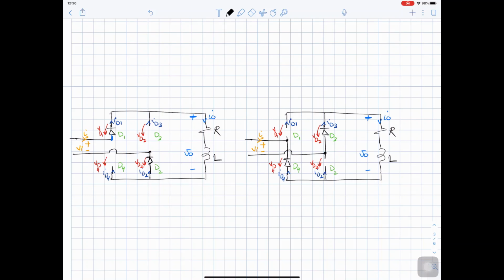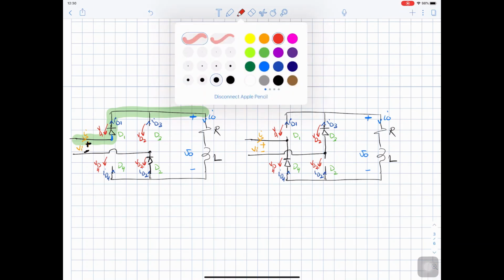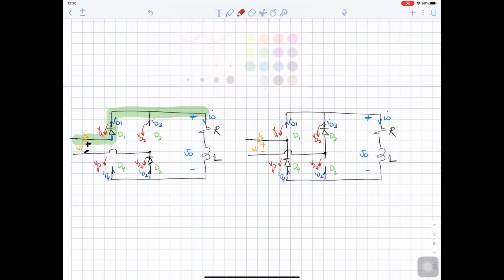So in this case, when the supply here is positive, negative, as we mentioned last time, this will be positive going up, and here the negative will be going through this one down, and the other two are reverse biased. Here in this case we have the supply flipped, so here is negative, here is positive.